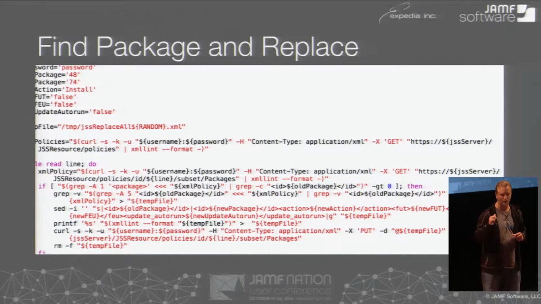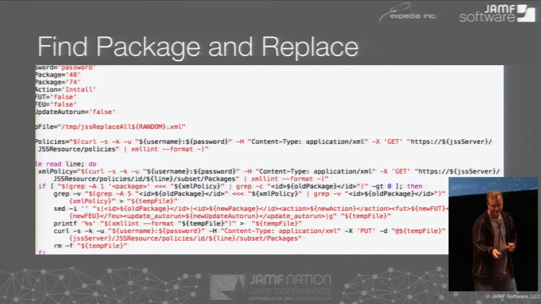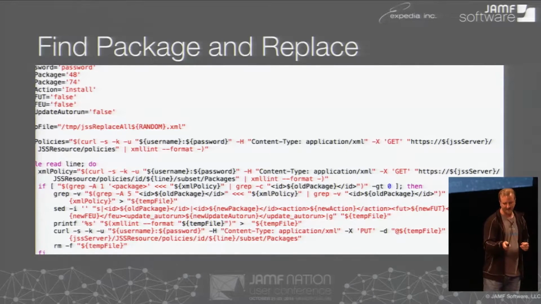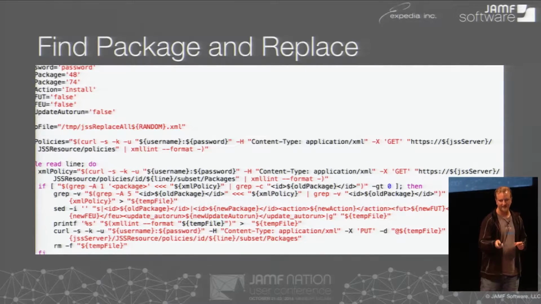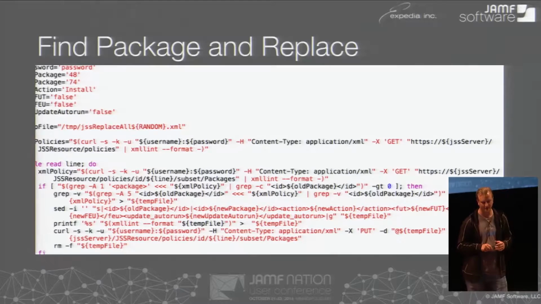I'm doing that because I want to replace just that. I don't want to deal with replacing those other fields, so I just delete them. After that, I use the sed command to look for that old package ID, which is all I'm left with on that line, and replace it with the new package ID, along with the action, the fill user templates, and all that data that I specified above in the variables.